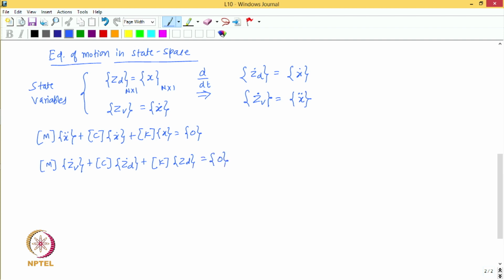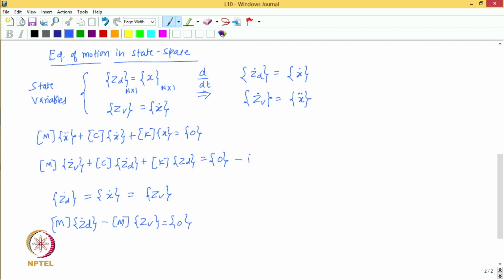So, that is one equation we got, right. This equation is now in terms of the state variables z_d and z_v and their derivatives. We can also write z_d dot, which is already equal to x dot, equal to z_v, right. So, z_d dot is nothing but z_v, right, and if we re-multiply this equation by mass matrix, then the equation we get is M z_d dot minus M z_v is equal to 0, right.